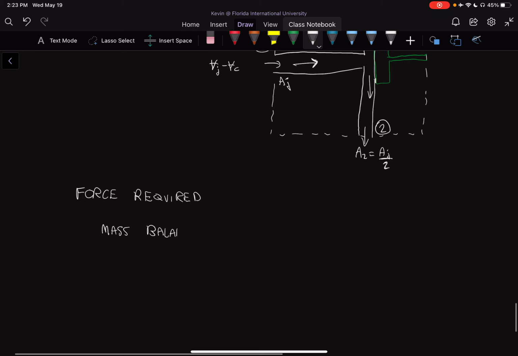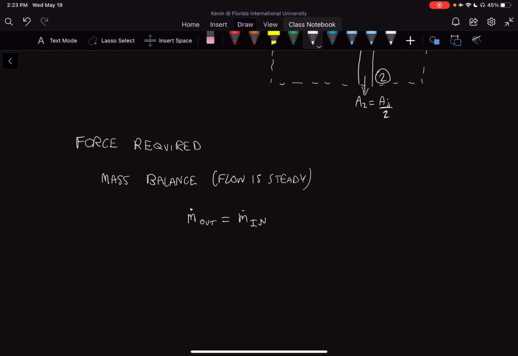And remember, a mass balance is just like equating the mass flow rates. So we know that the flow is steady. And since the flow is steady, we can say that the mass flow rate out is equal to the mass flow rate in. And we know that our mass flow rate out is equal to 1 and 2. So it's rho 1 A1 V1 plus rho 2 A2 V2.